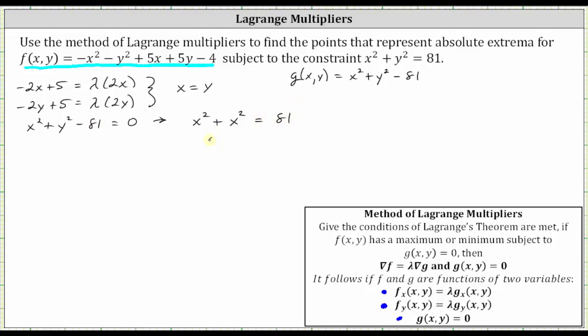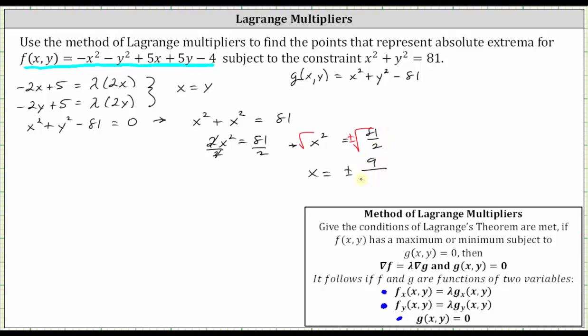Combining like terms, we have 2x squared equals 81. Divide both sides by 2. Simplifying, we have x squared is equal to 81/2. Take the square root of both sides. We are going to have a plus or minus value for x. We now know x is equal to plus or minus 9 over the square root of 2, since the square root of 81 is 9.